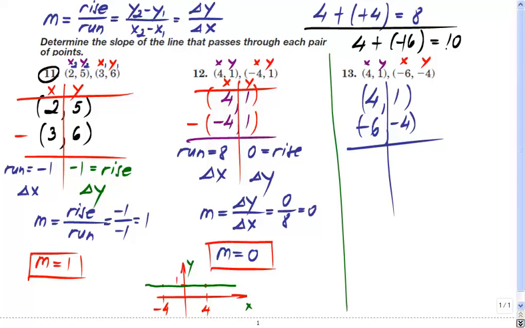Add the opposite. That will be 10. Be careful, right? That would be 10. That's your change in x. Okay, 10. 1 minus negative 4 would be 1 plus the opposite of negative 4, which is 4. 1 plus 4 is 5. And that's the change in y.